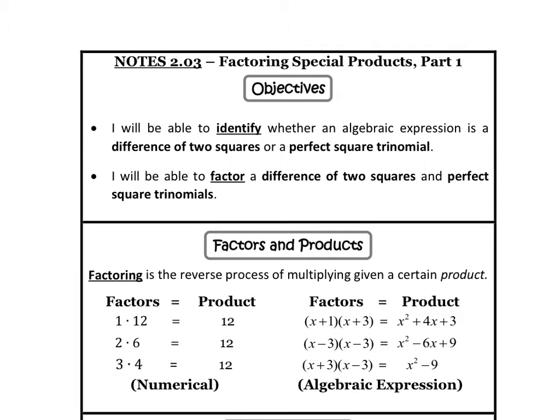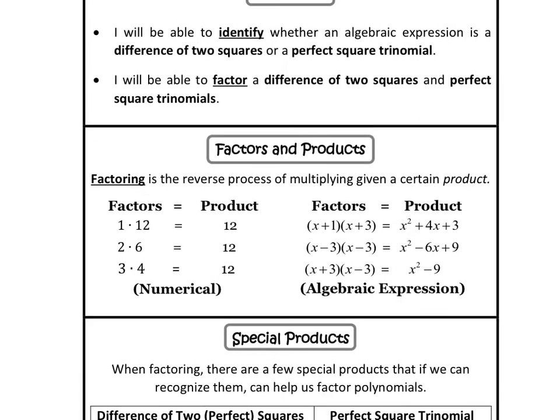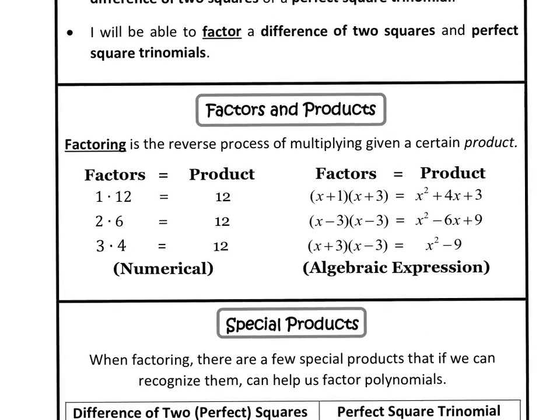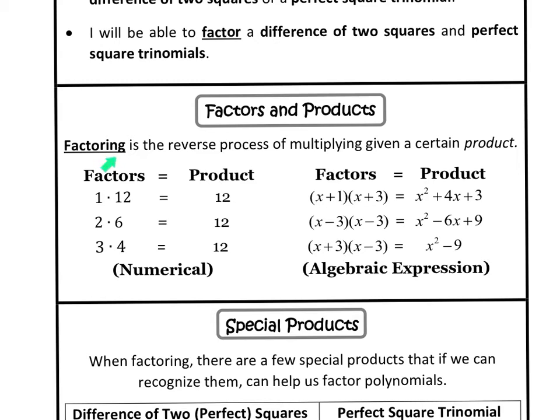Okay, so let's go over some terms when we use the word factors and products, for example. This first term here, factoring, is the reverse process of multiplying given a certain product. So if I ask you, for example, what are the factors of the product 12?